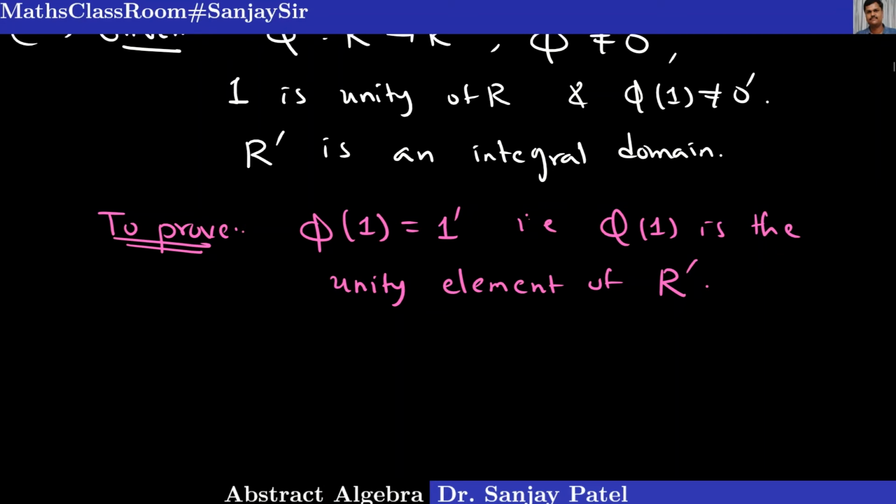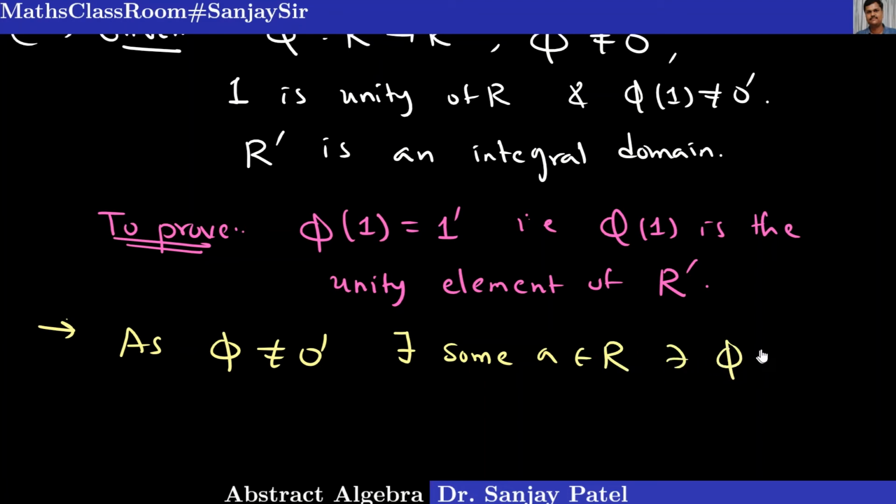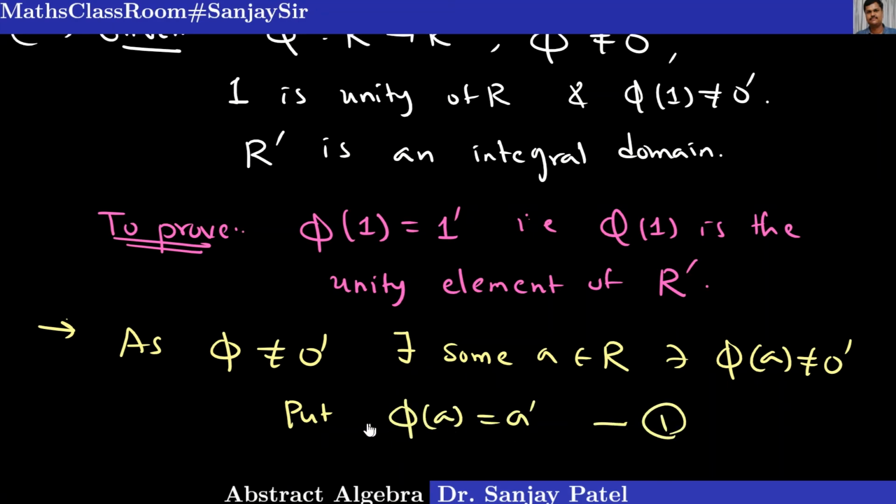So let me start this way. The proof of this: as phi is a non-zero function, there exists at least one element, say some element A belongs to R, such that the value of the function at a is not equal to 0 dash. Okay, and let us put phi of a is equal to a dash. Let us call this a dash.